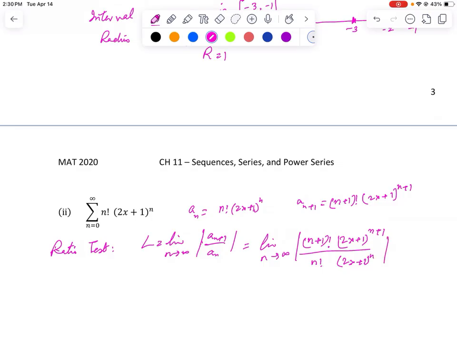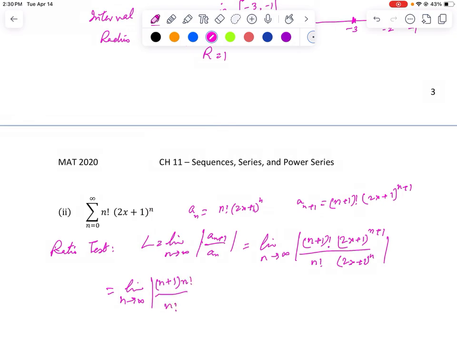You can see that it simplifies. We can split the bigger factorial: (n plus 1) factorial can be written as n plus 1 times n factorial, and then at the bottom I have n factorial.